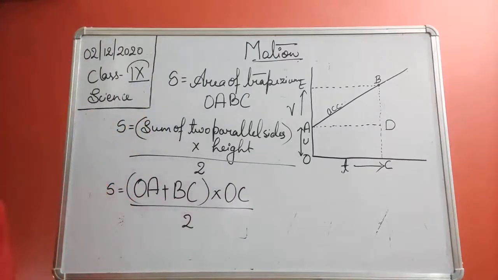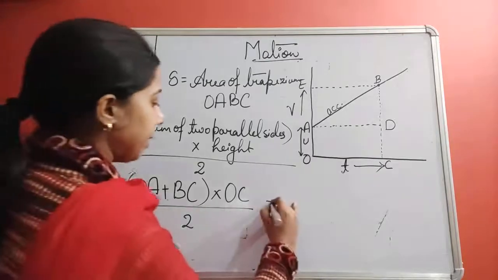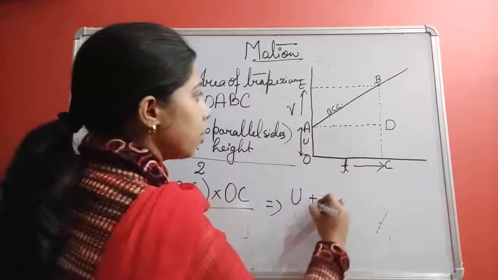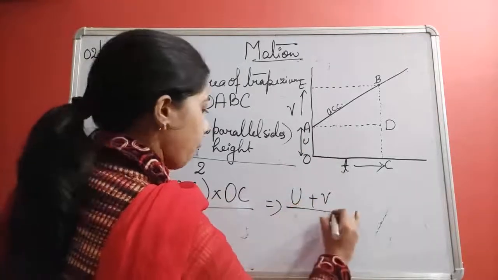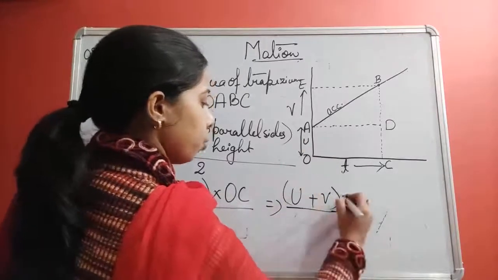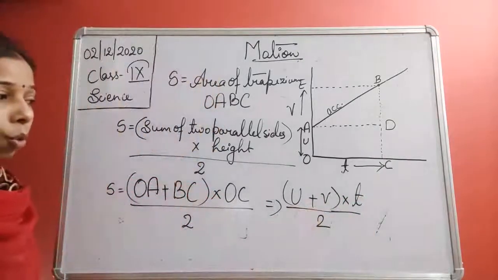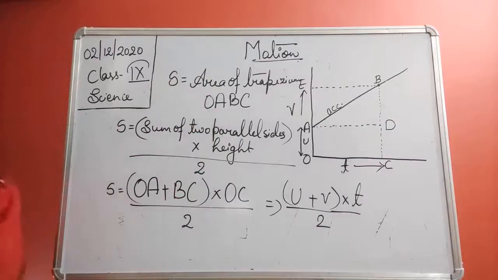Now putting in the values, what will we get? OA is equal to U, BC is equal to V, and the height will be equal to T, upon 2. So U plus V into T upon 2.